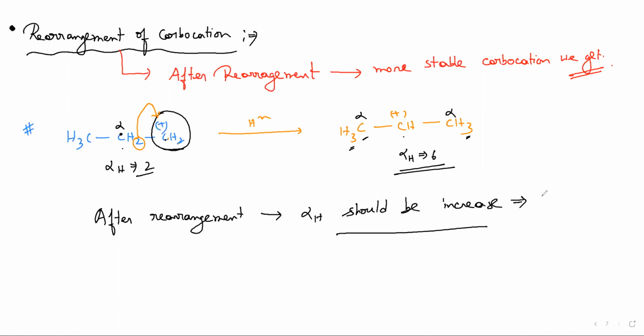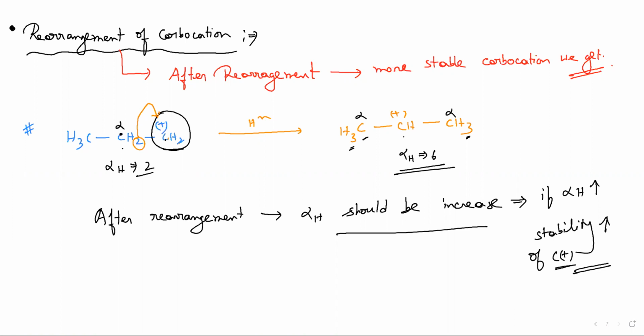If alpha H increases, the stability of the carbocation also increases. Any doubt? Do you have any doubt regarding this part?